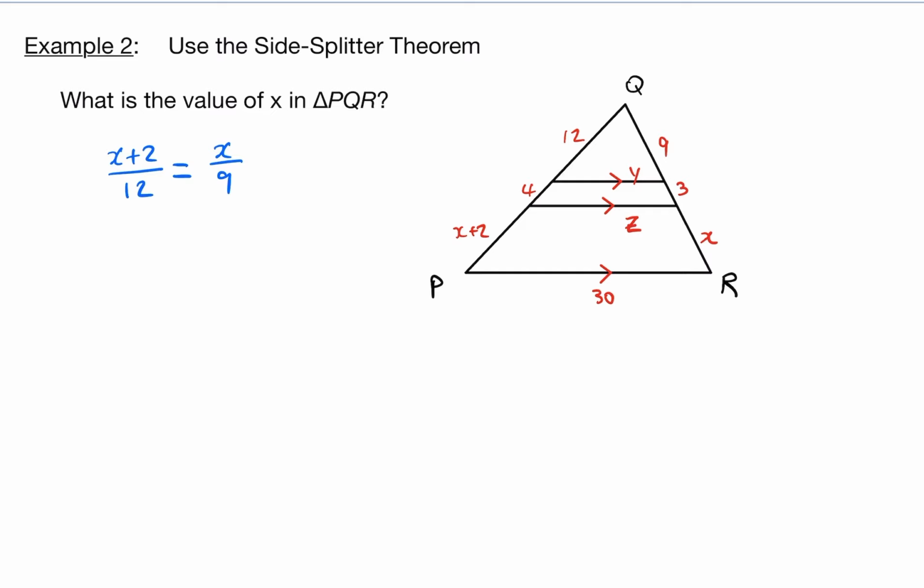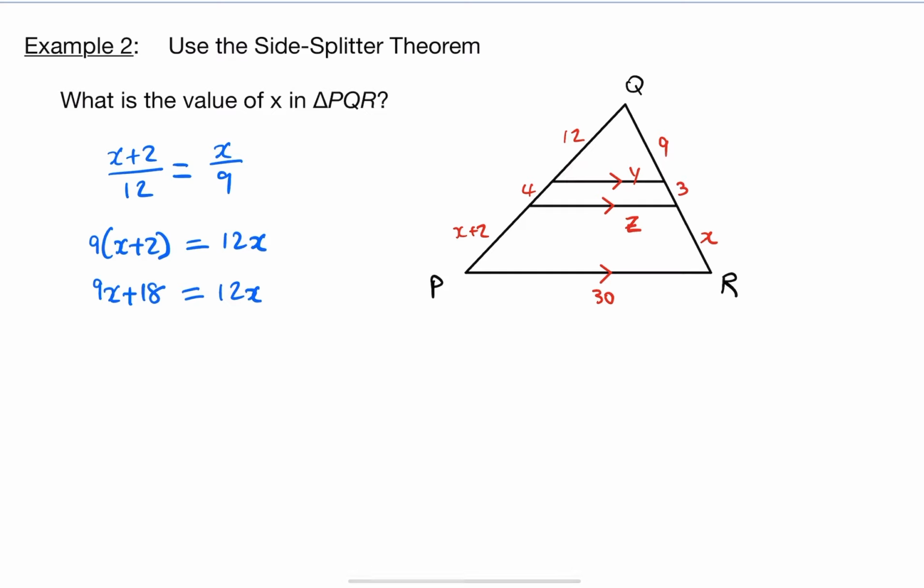Now that we've established this proportion, we can solve for x by cross multiplying. So this would be 9 times x plus 2, and that's going to equal 12x. Distributing the 9 across x plus 2, this becomes 9x plus 18 is equal to 12x.